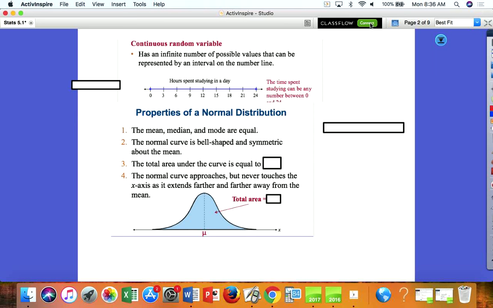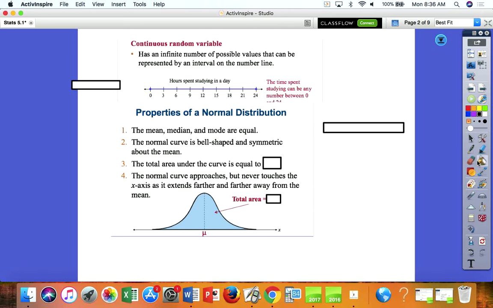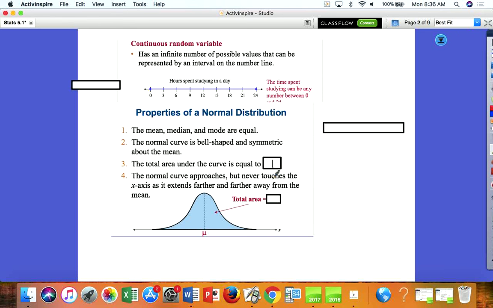That's an important idea. The total area of the curve is? 1. The normal curve approaches but never touches the x-axis and extends far, far away, and it gets really, really close as you move way to the right and way to the left. And again, the total area is 1.